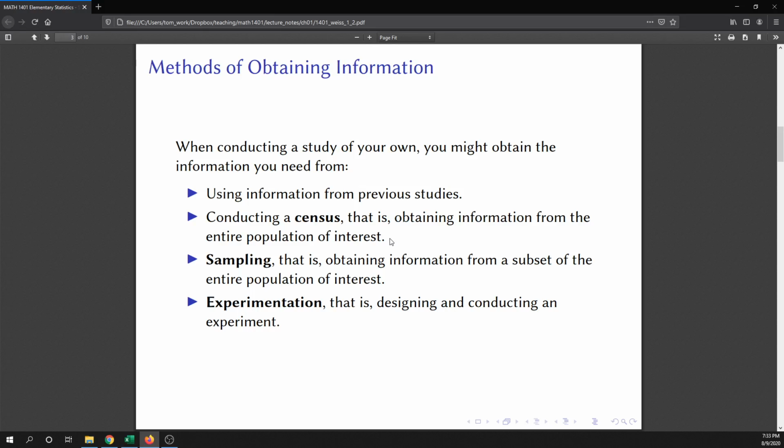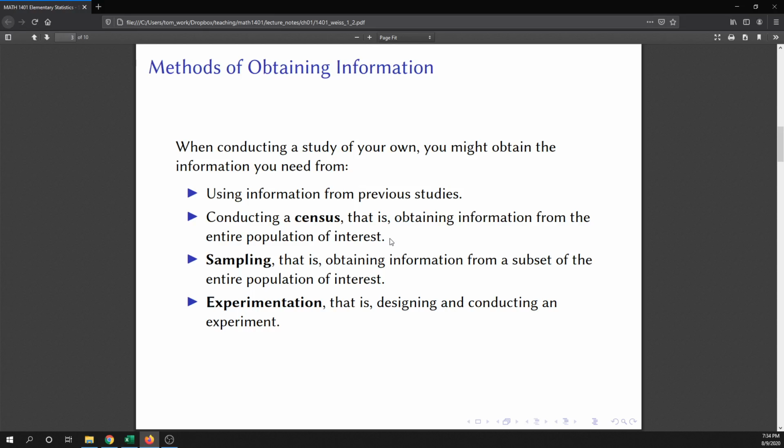That's done every 10 years, and it was supposed to be going on this year, in 2020, and every 10 years. Basically, they try to get information from the entire population, go out to everybody in the whole United States and collect information. So that's a census when you take information from the entire population.